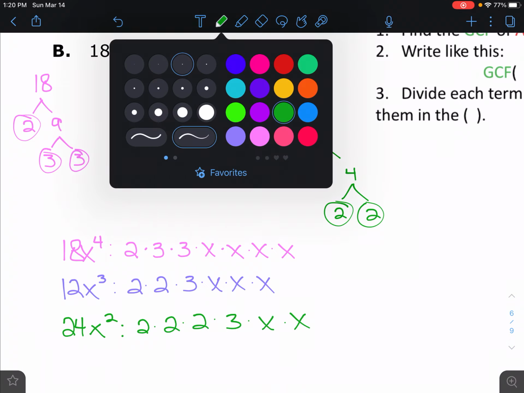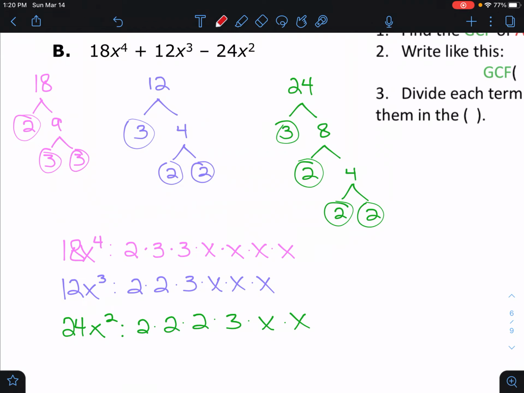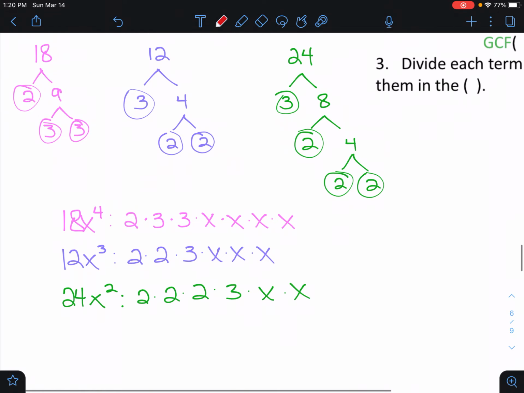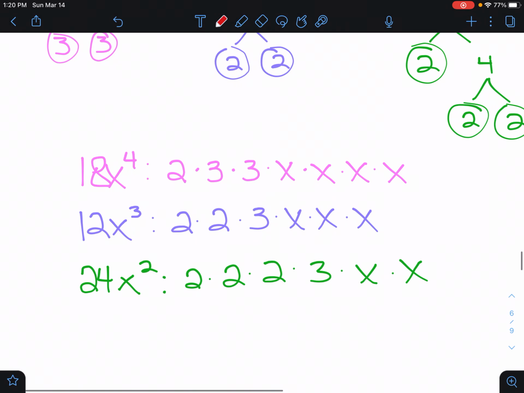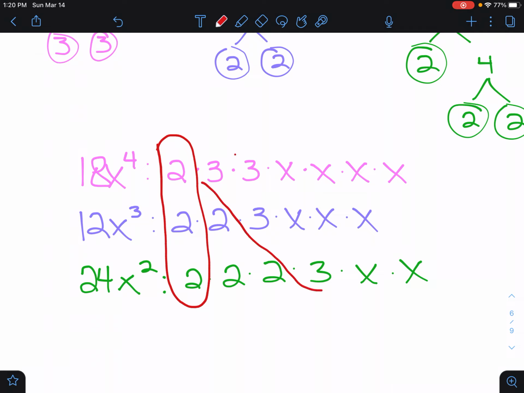Okay, so now that you've got that, you want to circle anything that, now this is the thing, they all 3 have to have in common. So that's kind of weird, all 3 in common. So let's see, I see 1, 2. I see, it looks like 1, 3. They have to have them all in common.